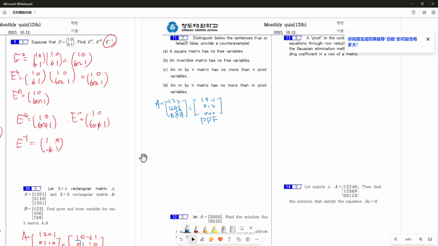So the pivot and free. So some square matrix has a free value.